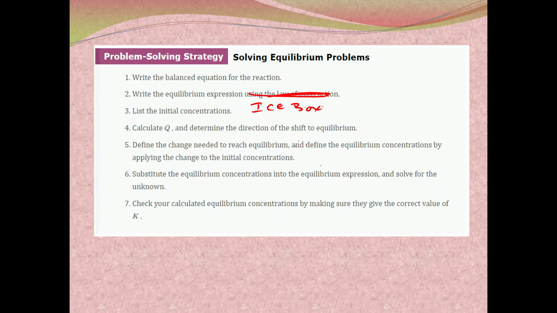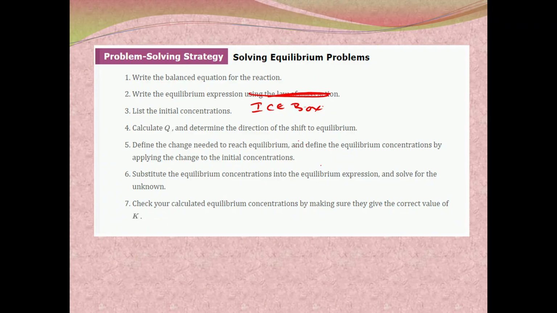Then, if any of them are zero, you can skip step 4, but if all of them are non-zero, you must find Q and figure out the direction of the equilibrium. And then put plus x's and minus x's multiplied by the stoichiometric coefficients appropriately depending on which direction the reaction is going.